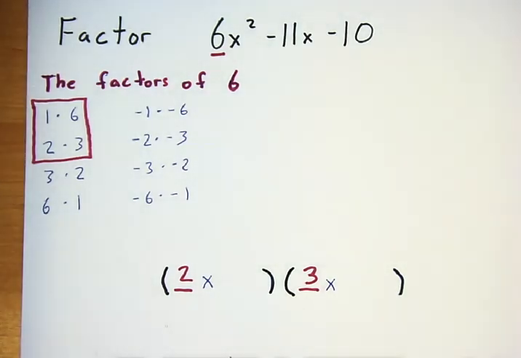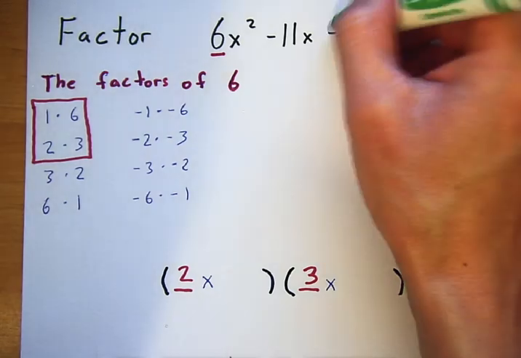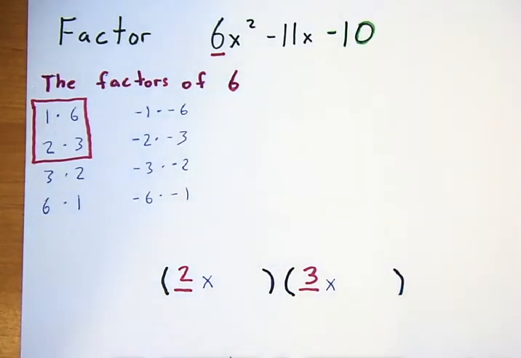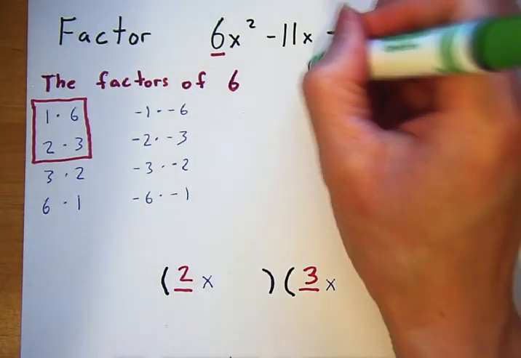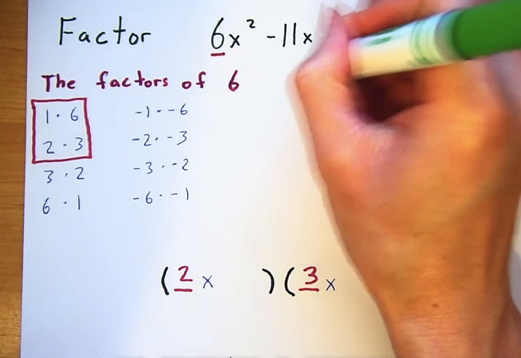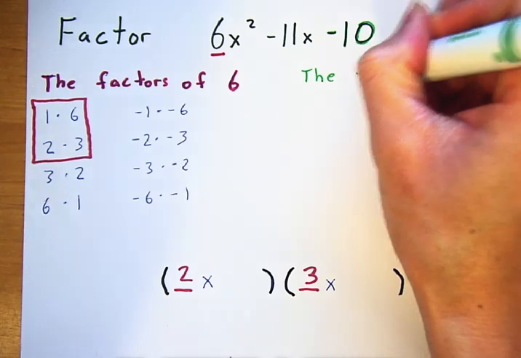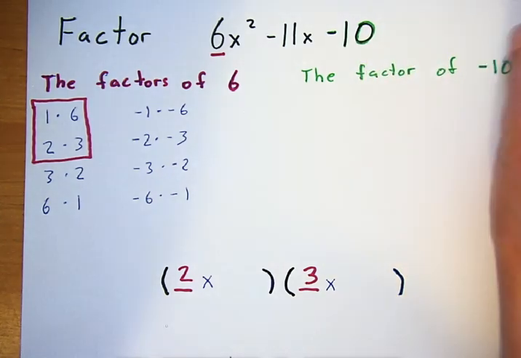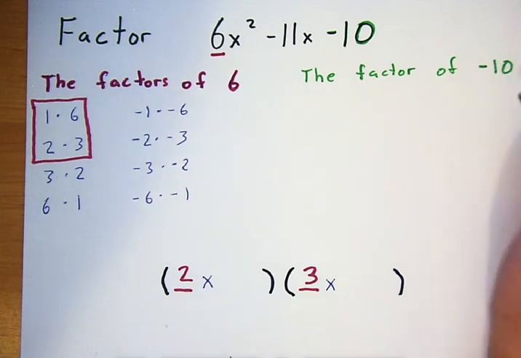Now let's find the factors of your constant. Your negative 10. So you find your factors of your constant, in this case negative 10.